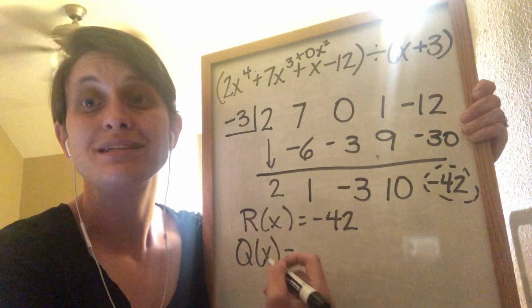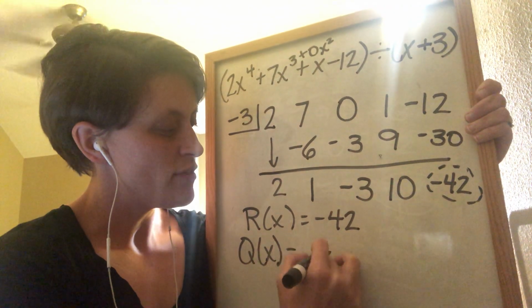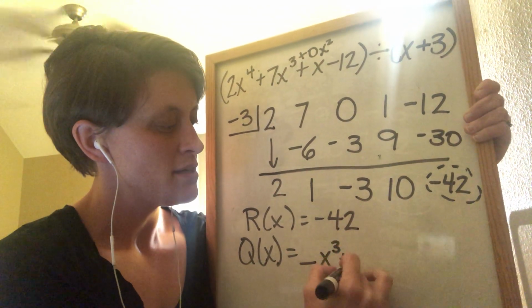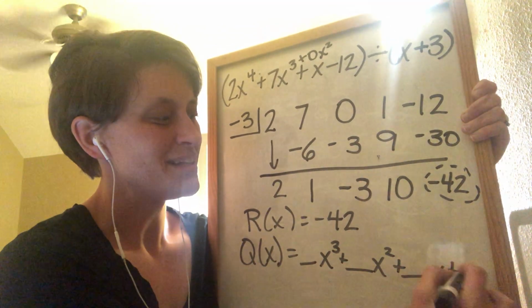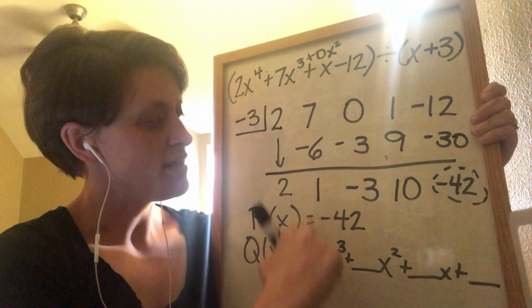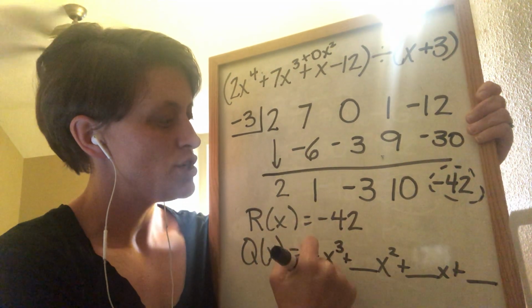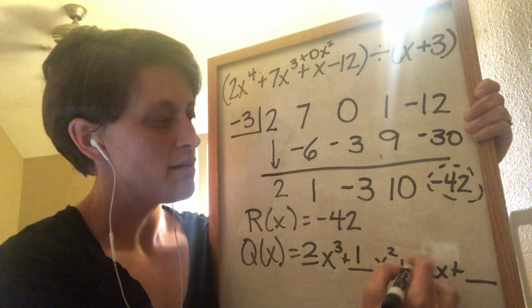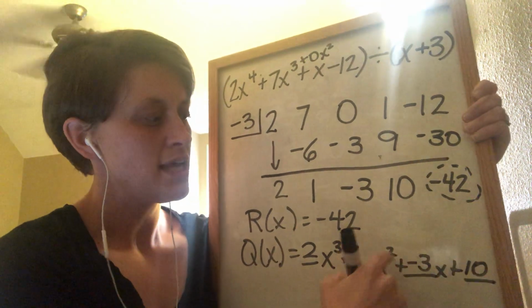Our quotient is going to be degree 3 with these coefficients. So it's going to have the form of something x cubed plus something x squared plus something x plus something. These are the somethings that fill in the blank. So we get 2x cubed plus 1x squared plus -3x plus 10.